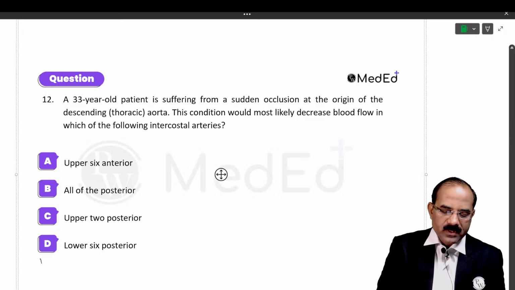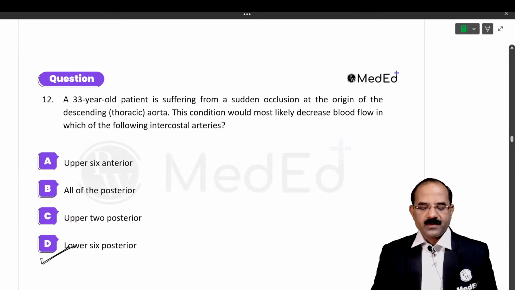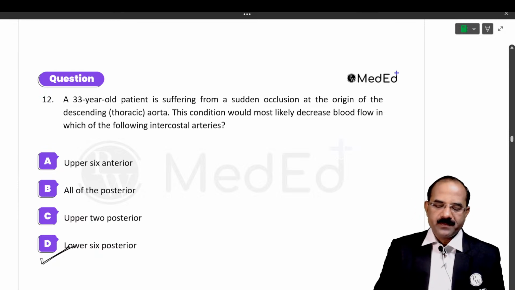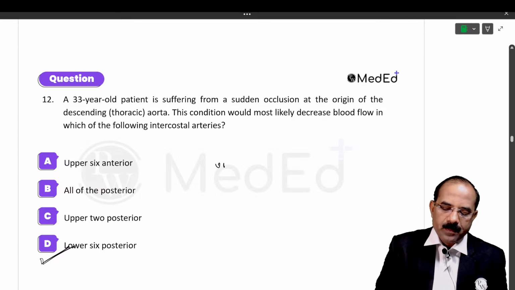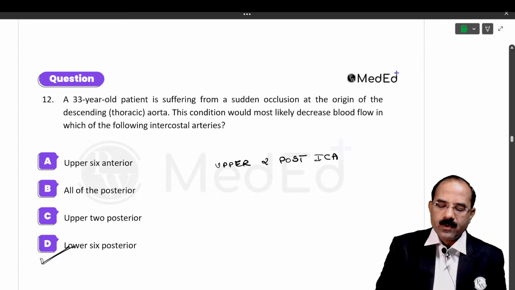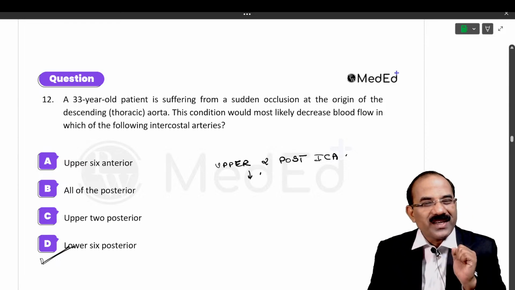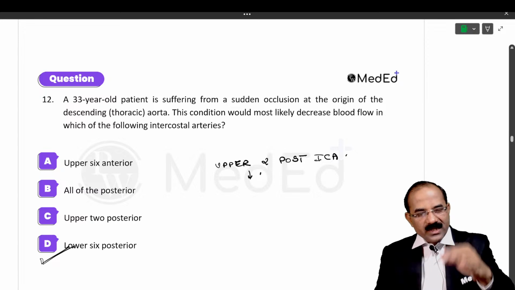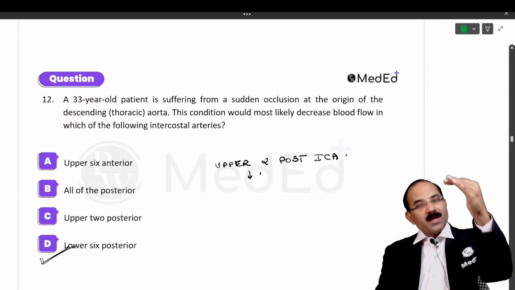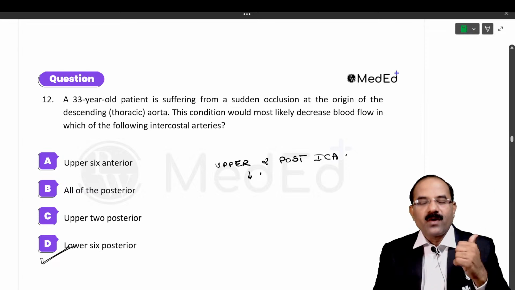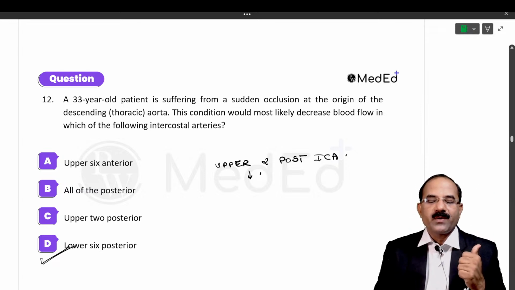That is the lower 6 posterior intercostal arteries. The upper two posterior intercostal arteries are not branches of the descending thoracic aorta. The lower intercostal arteries are branches of the descending thoracic aorta.